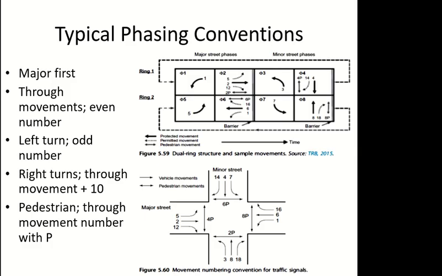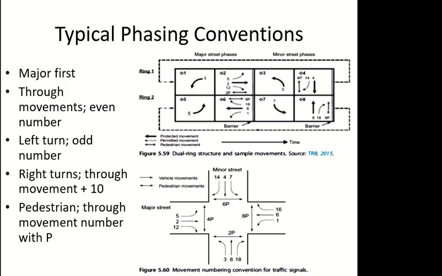These diagrams are basically showing you some notations we follow when we are coding the movements. For example, the straight movements are always coded with even numbers. The left turnings are coded with odd numbers.